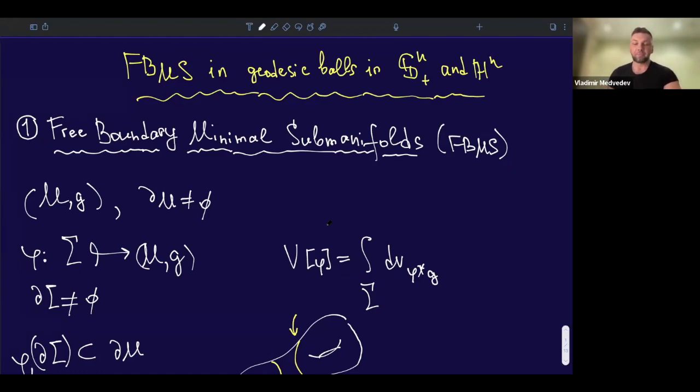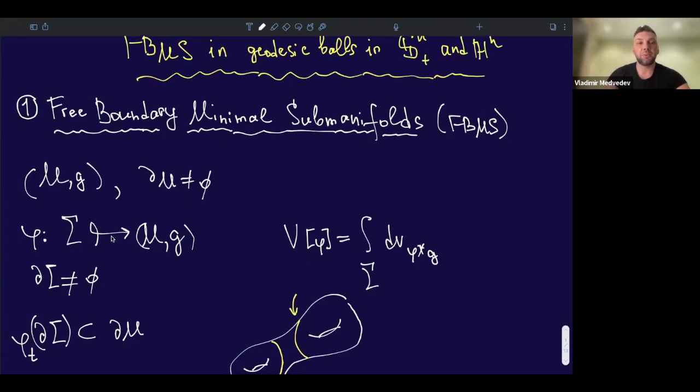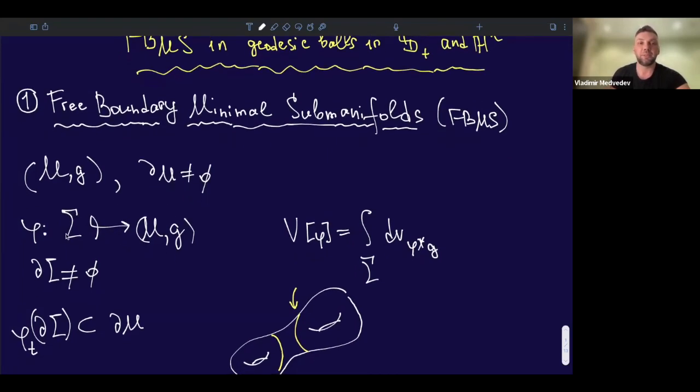So I'm going to start with (M, g), a Riemannian manifold which has an empty boundary, and we consider another manifold Sigma, which can have dimension k, and its immersion into that manifold M. And to this immersion, one can associate the volume of this immersion, which is given by this formula.